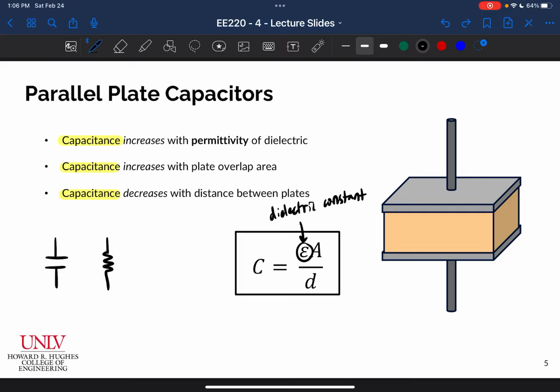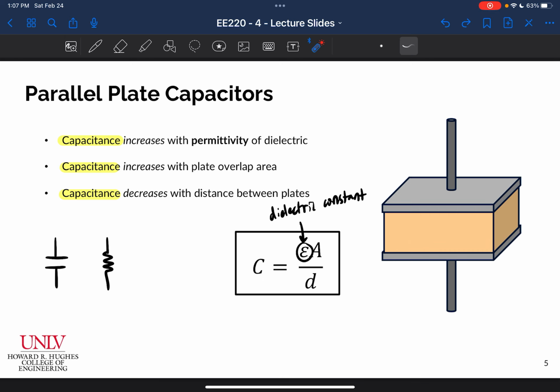And so that's exactly what I have here in the first bullet point, that capacitance increases with the permittivity of the dielectric. Okay, so permittivity basically is a measure of how well, if this is my dielectric right here, this material, if I apply an electric field across this dielectric, how well does this material polarize in order to store the energy in the form of that electric field?